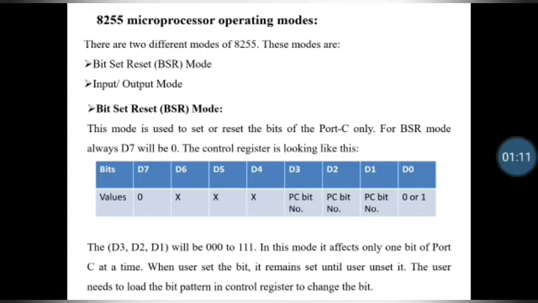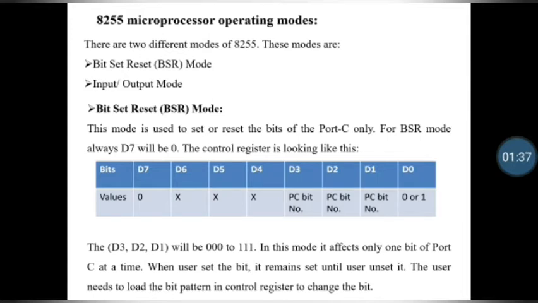So the first mode is BSR mode, that is bit set reset mode. As you can see in the figure, this is the format for setting the bits present in BSR mode. This mode is used only to set or reset the bits present in port C only.